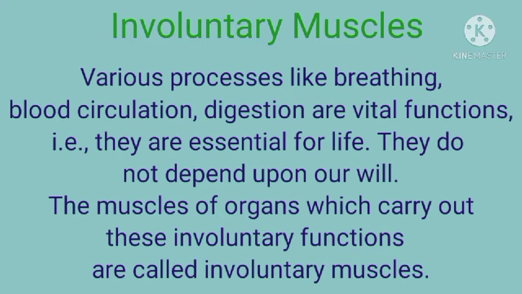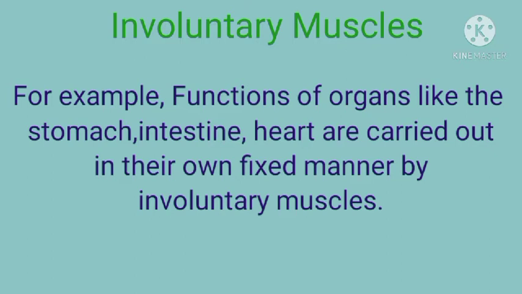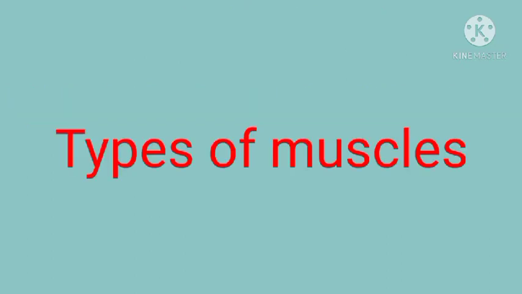As I told you, processes like breathing, blood circulation, and digestion we cannot control. So the functions of organs like the stomach, intestine, and heart are carried out in their own fixed manner by involuntary muscles.